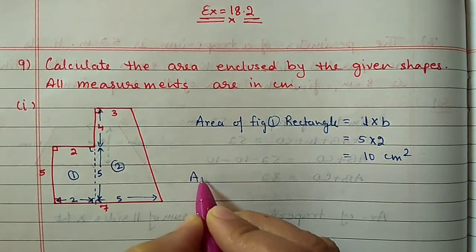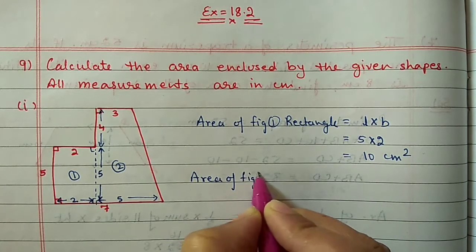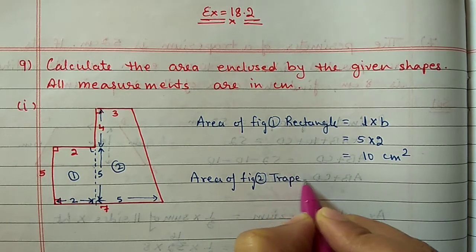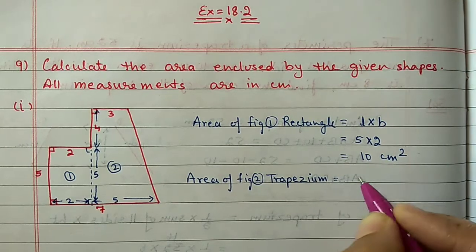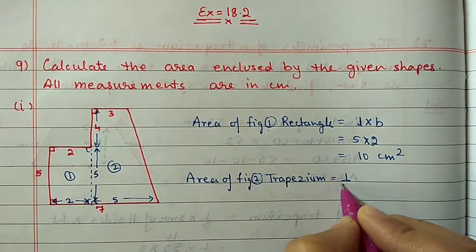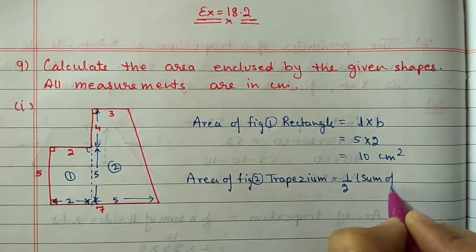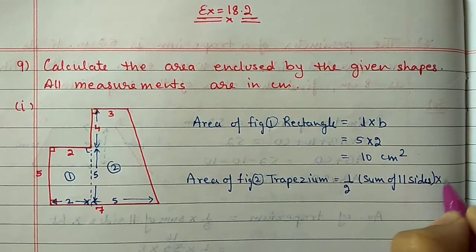Now the second figure, we can take area of figure 2, which is a trapezium. For that, half sum of parallel sides into height.